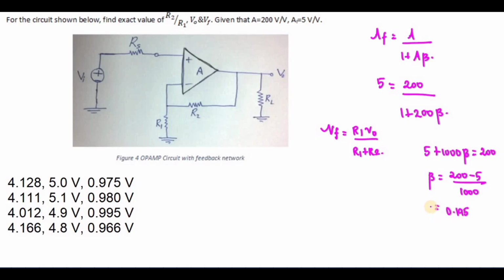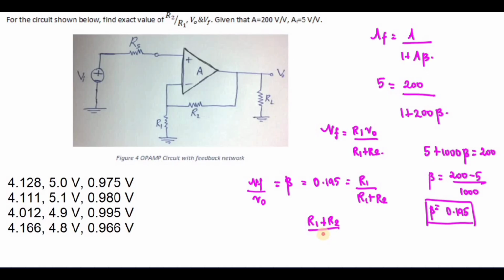So we know that beta is equal to Vf divided by V0. I can write 0.195, that is your beta, which is Vf divided by V0, equal to R1 divided by R1 plus R2. So R1 plus R2 divided by R1 is equal to 1 divided by 0.195. So 1 plus R2 divided by R1 is equal to 1 divided by 0.195.